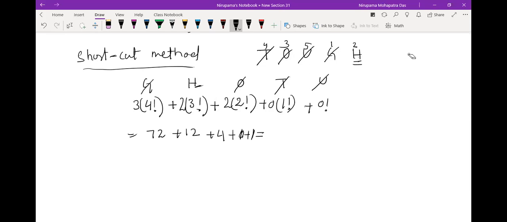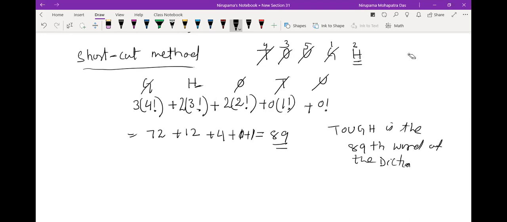Sum of these numbers, 72, 84, 88, 89. So it means TOUGH is the 89th word of the dictionary.